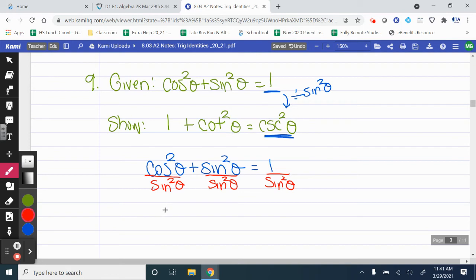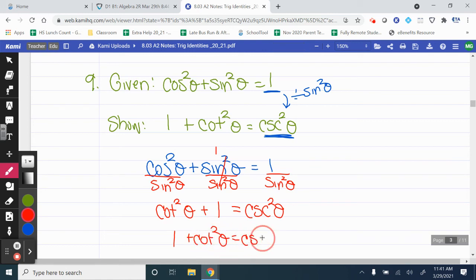And since it's cosine squared and sine squared, it would be cotangent squared theta. Sine squared over sine squared just reduces to 1, and 1 over sine squared is cosecant squared theta. And again, you could use your commutative property of addition to switch the order. And it's the same as what we're trying to show.